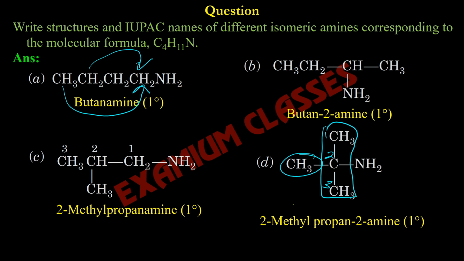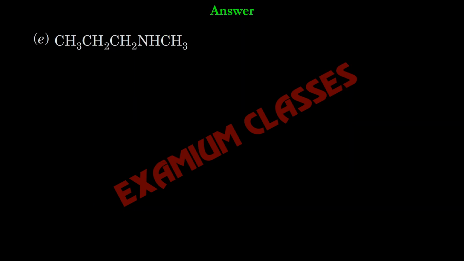Now there is no other possibility that you can keep the NH2 group intact. So now come to the secondary amines, means NH will be there. So this is the easiest possibility. You have NH in between. One side you have methyl, the other side you have propyl group. So this one, again the longest chain you will identify.